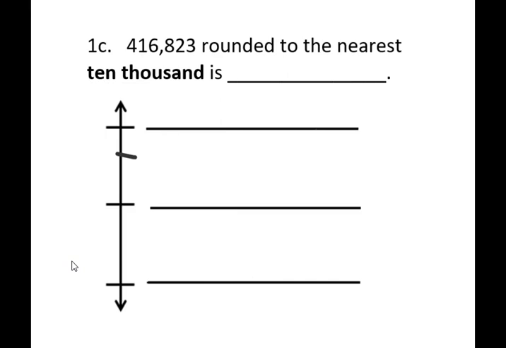Another way to look at this problem would be to look at the original number and think about the 10,000s. I have a 1 in my 10,000s place, but I have a 4 in my 100,000s place. So I can also look at this as 41 10,000s. So I can write that 41 10,000s as the bottom number, which then means that the next 10,000 would be 42 10,000s.